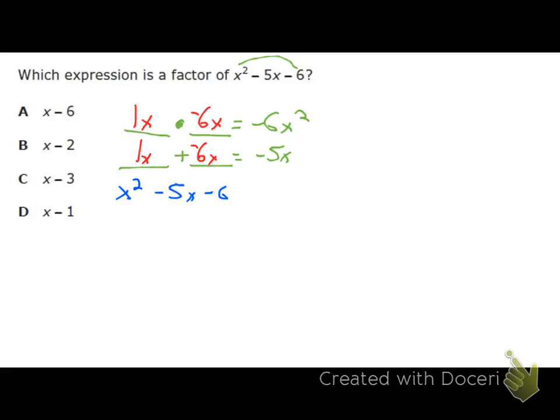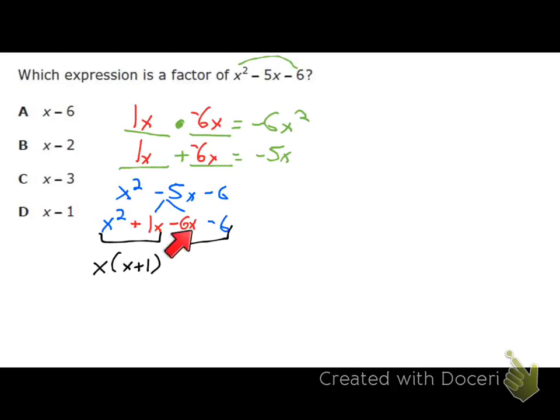But the whole reason we did all this is so we know how to rewrite our middle term. We know it's 1x minus 6x, and I can bring down my minus 6. So let's factor out our GCF of each group. In my first two terms, what is in common is an x.